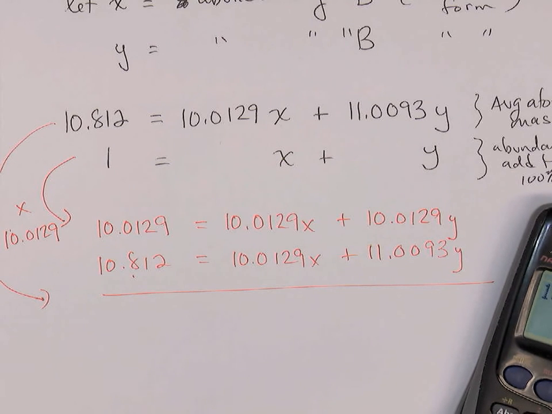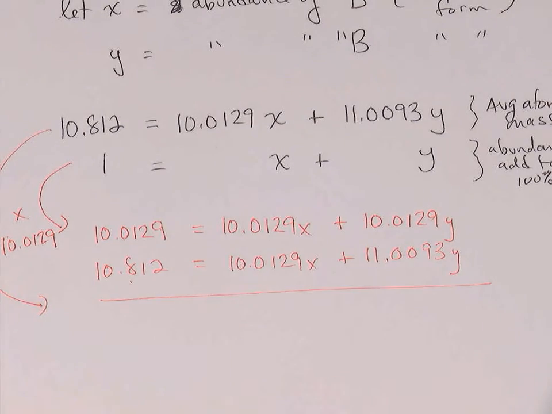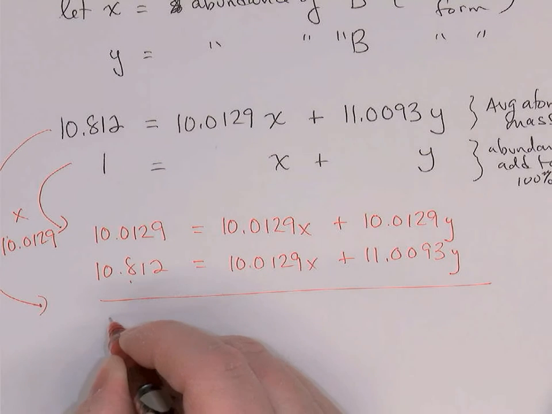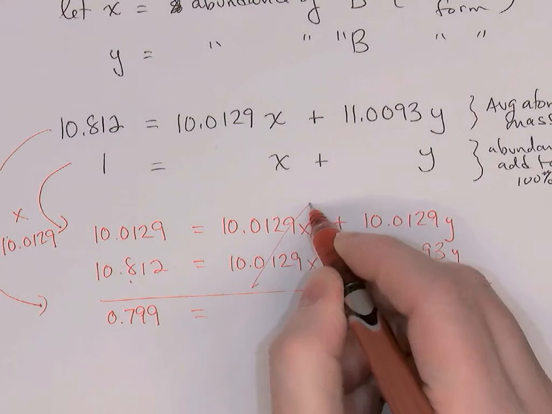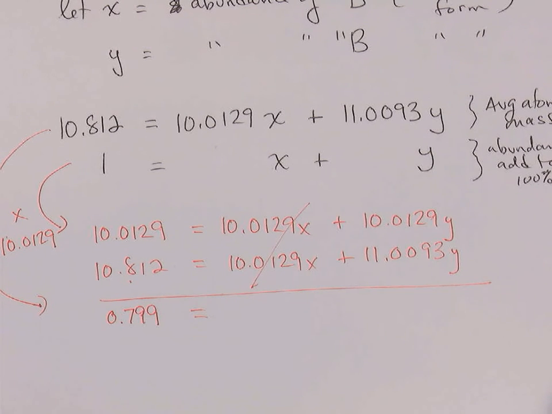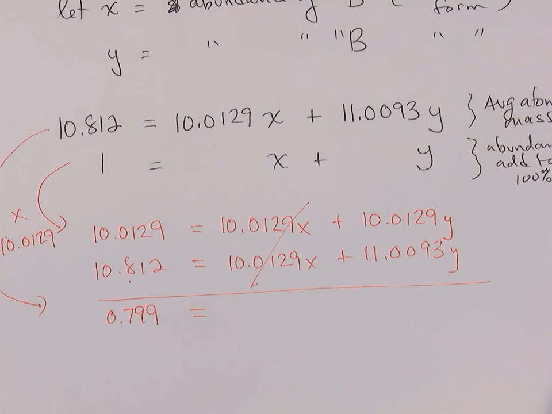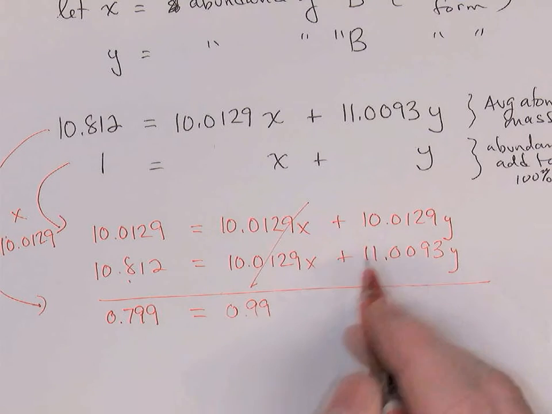So 10.812 minus 10.0129, when subtracting, we keep the smaller number of decimal places, so this is going to be 0.799 equals, this cancels when we subtract, that's eliminated, and subtracting here, 11.0093 minus 10.0129, we get 0.9964y, we can keep 4 decimals there.